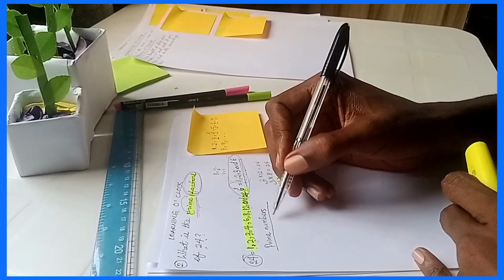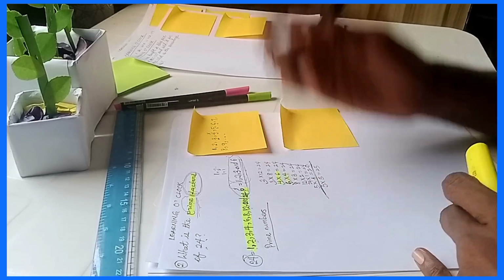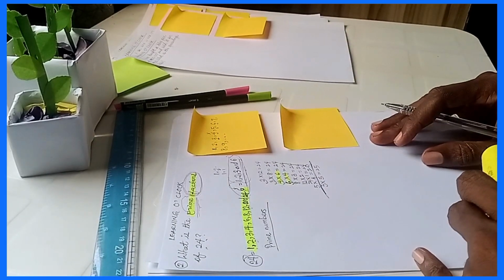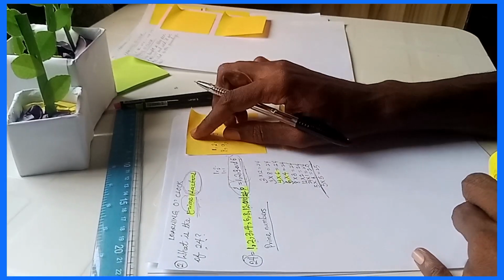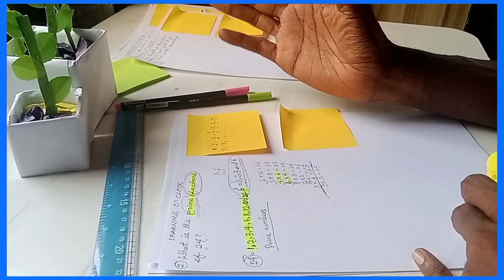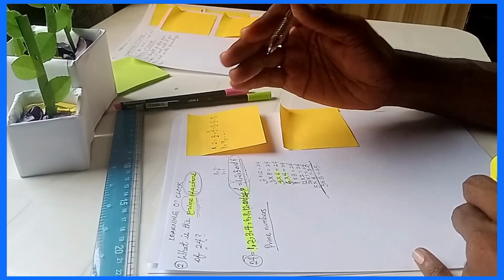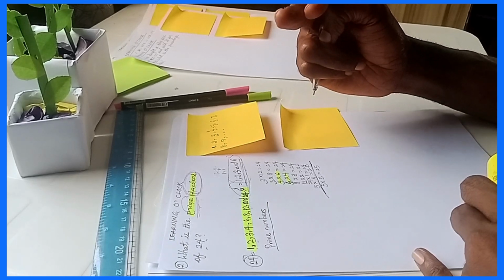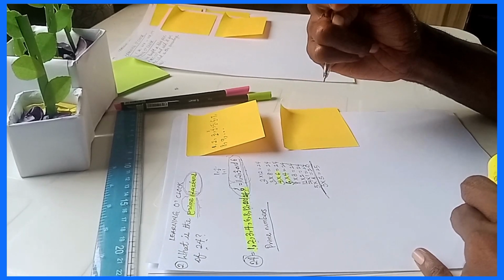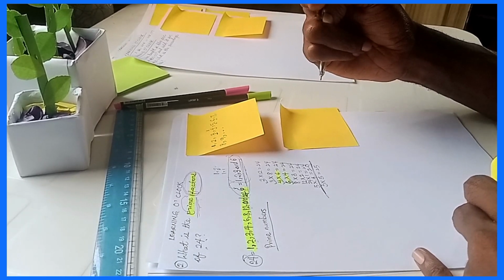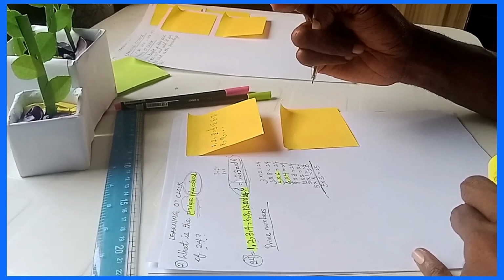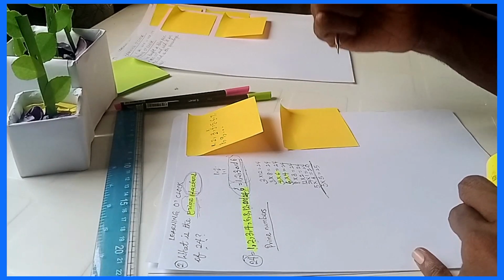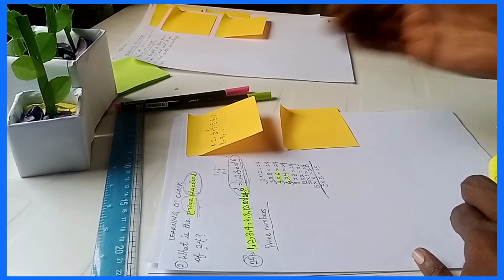So what are prime numbers? Very important question, a very basic one. Prime numbers have only 2 factors. What does that really mean? It means prime numbers can only be divided by 1 and itself.